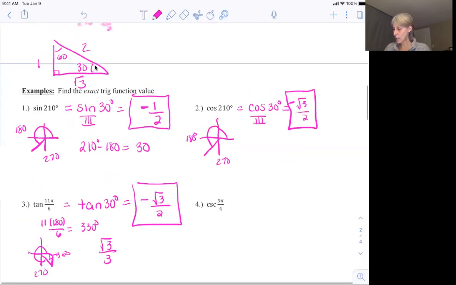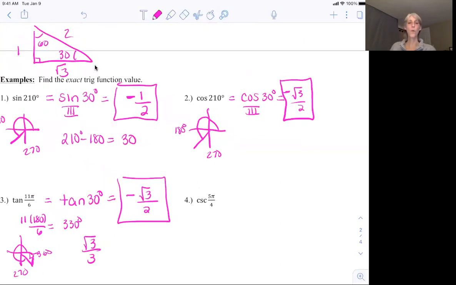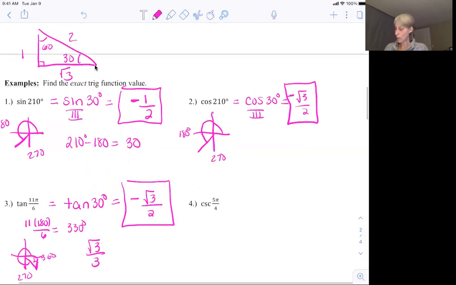And in our next example, cosecant of 5 pi over 4. Sorry, this is not our last example.